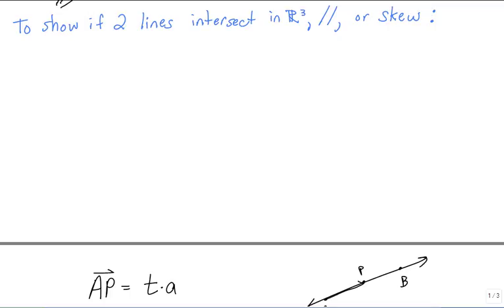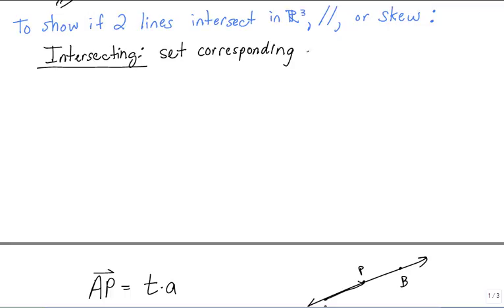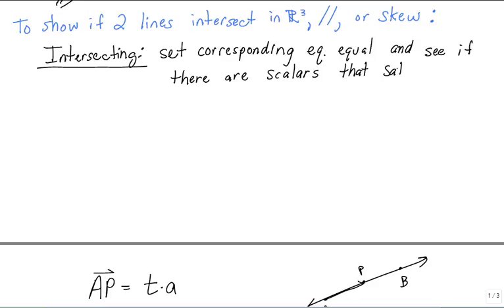Okay, so to test if they're intersecting, you set the corresponding x's together, the y's and the z's. So I'll just say you set the corresponding equations equal and see if there are scalars, t and s, that satisfy all three equations at the same time.